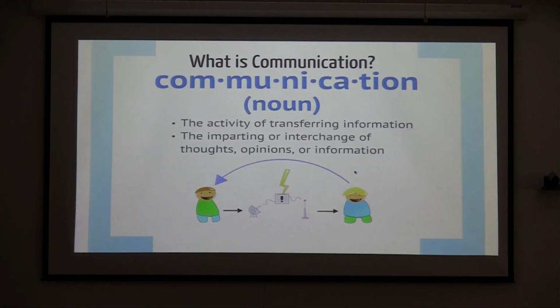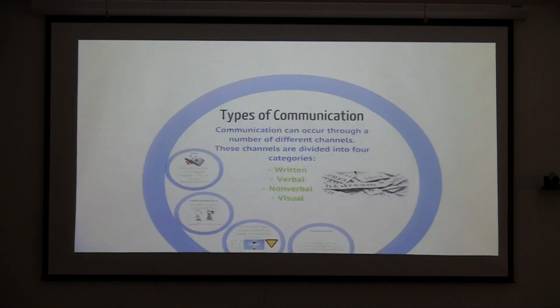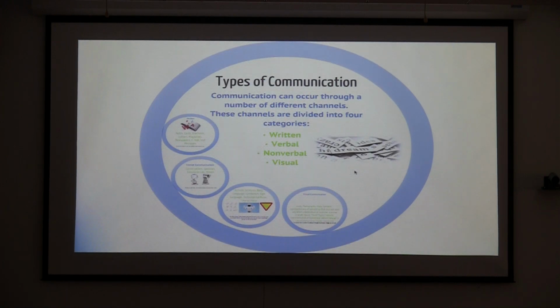The first thing when it comes to space communications is this discussion of what exactly is communication. Communication is the activity of transferring information or the imparting and interchange of thoughts, opinions, or information or data. There are different types of communication.